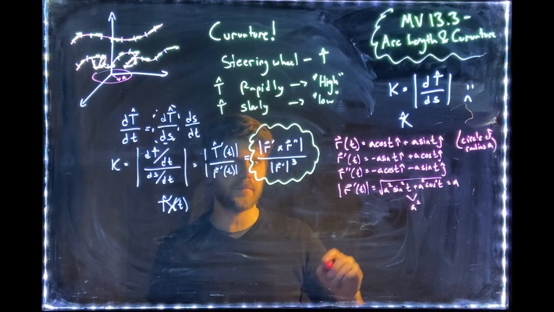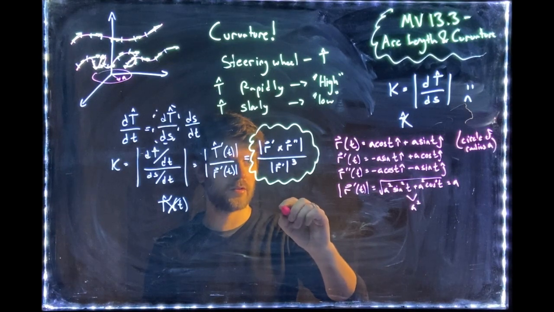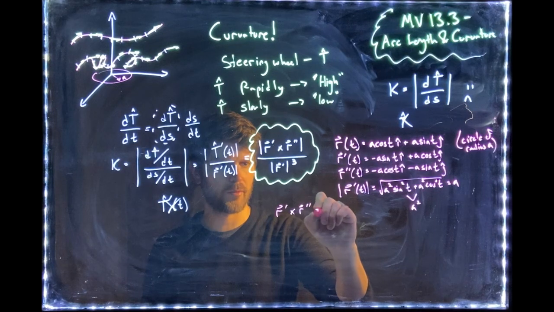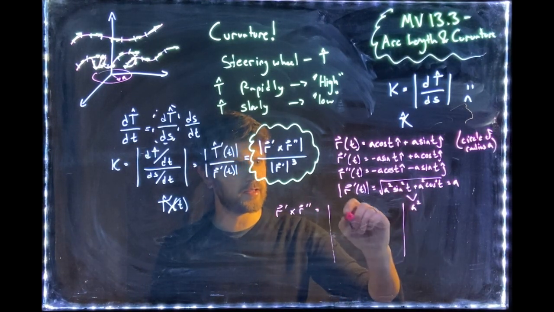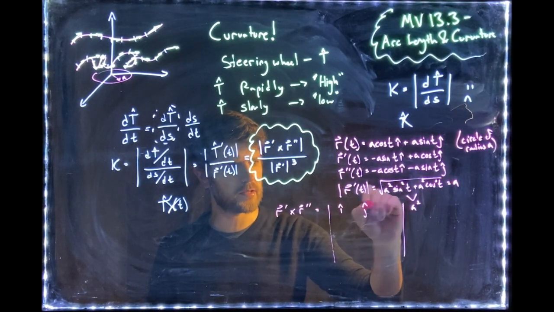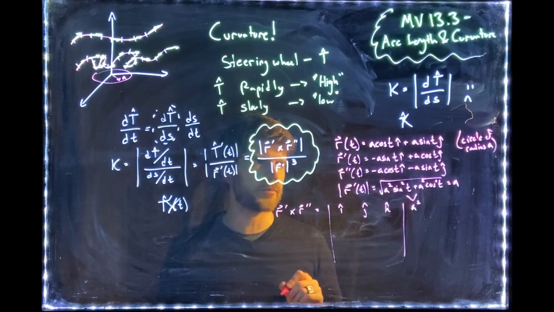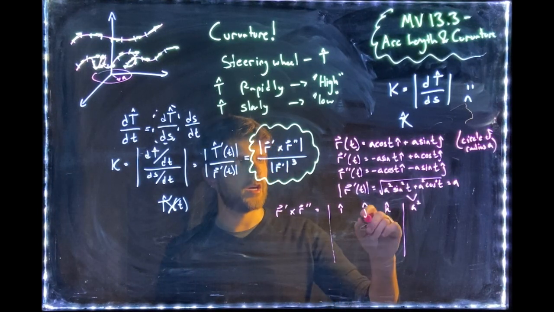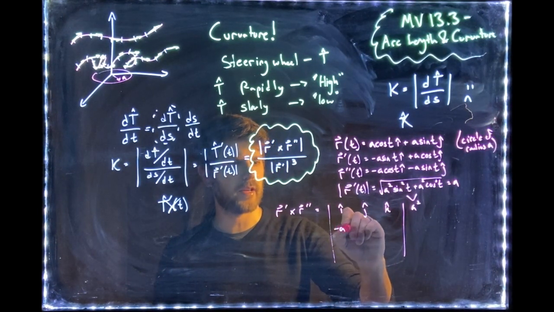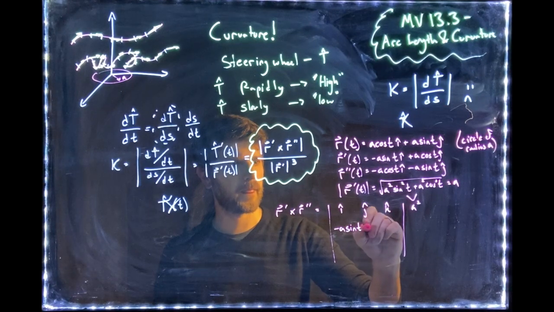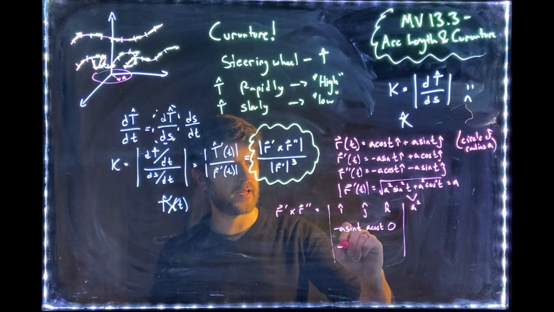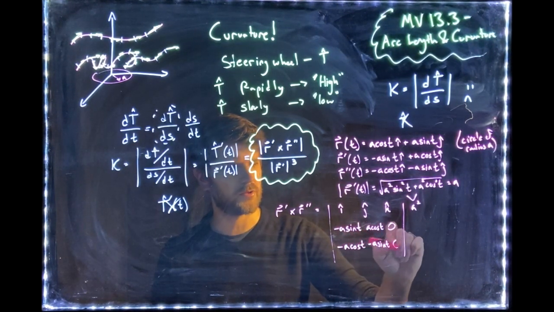The last thing we need is this cross product, r prime cross r double prime. And again, this calculation is a little tedious. You've got to do a cross product, take a bunch of derivatives, but it always works and it's fairly straightforward. So we're going to put in r prime: negative a sine t, a cosine t, 0, and r double prime: negative a cosine t, negative a sine t, also 0.